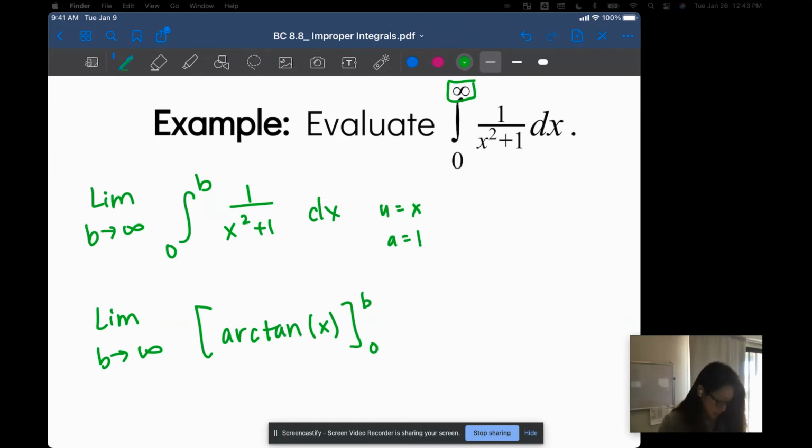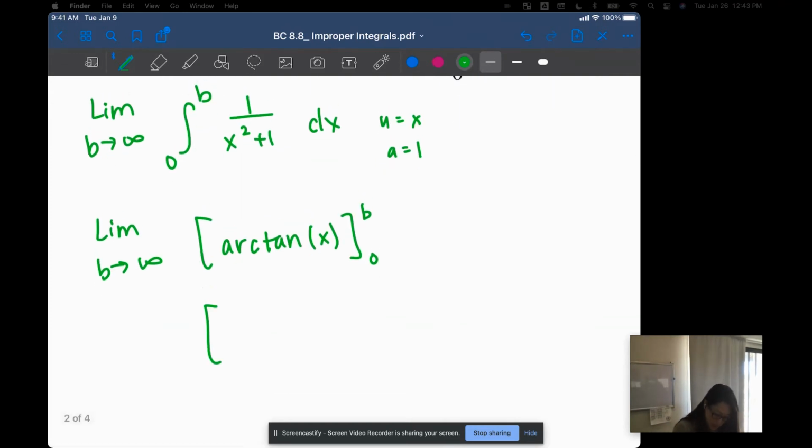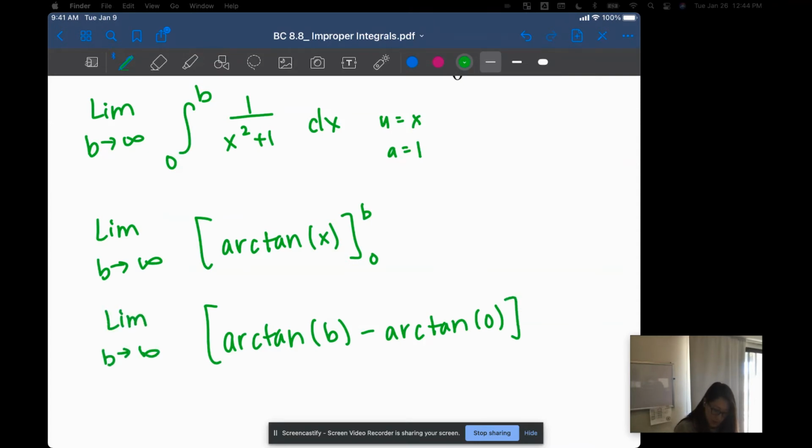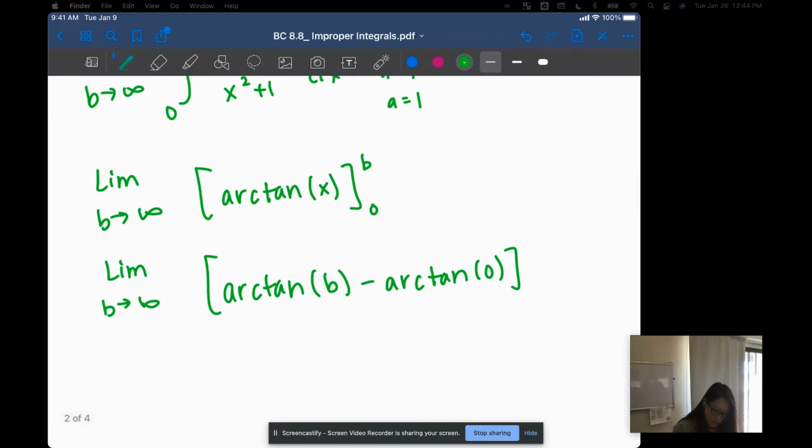All right, go ahead and substitute in the value. Arctan of b minus arctan of 0, and then I bring down my limit because I can't forget that operation. All right, so we can plug in the infinity now.